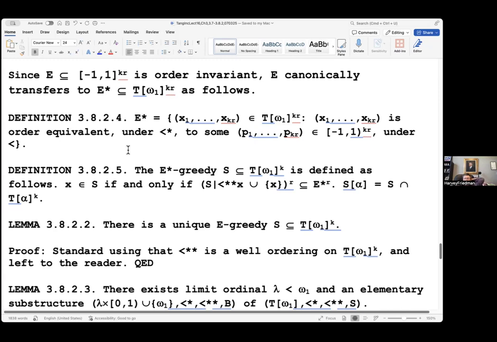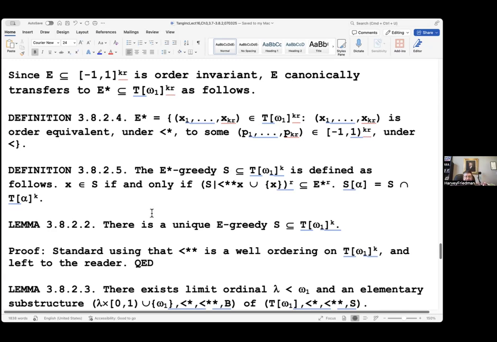We want to define what we mean by the E star greedy S. If you recall, when you want to build maximal solutions to an order constraint, in other words a maximal S contained in T omega 1 to the K, the most common way is by transfinite induction, in a greedy way where you're throwing stuff in if you can.